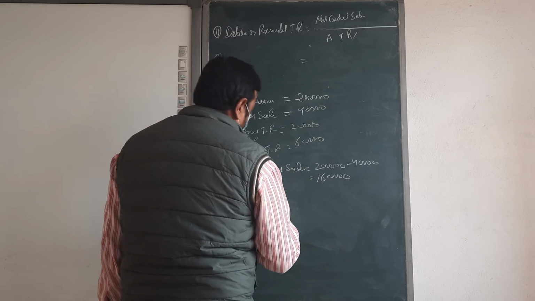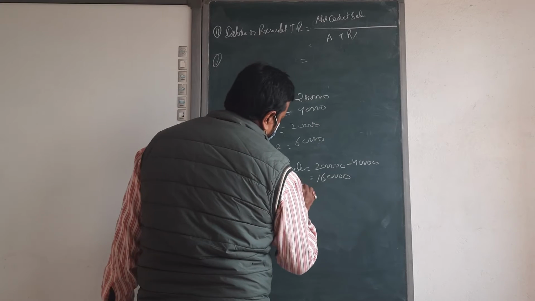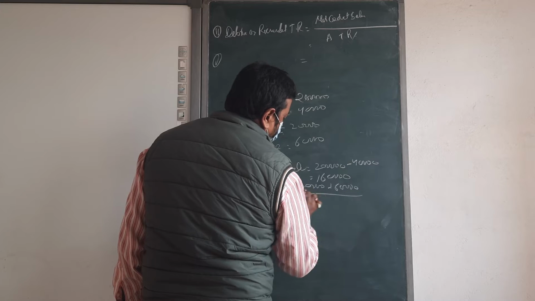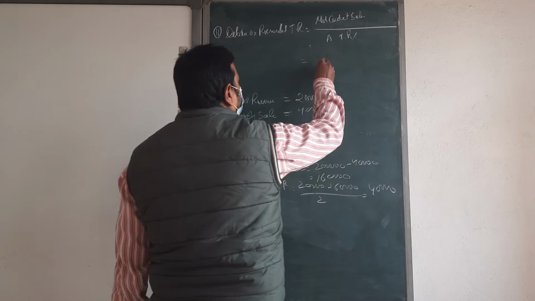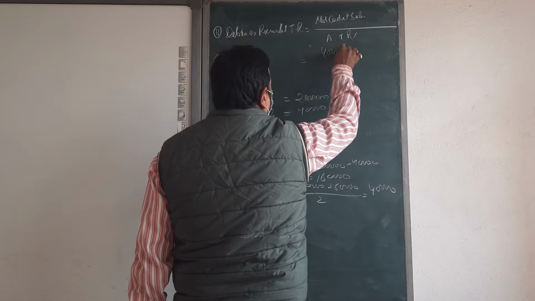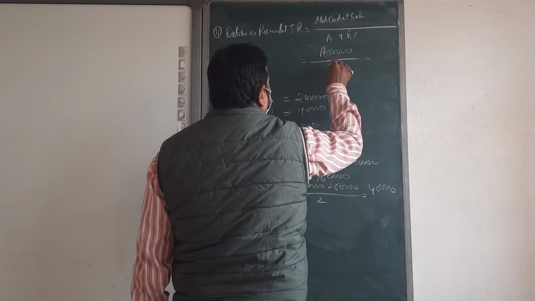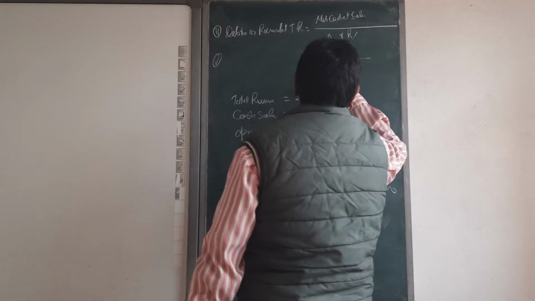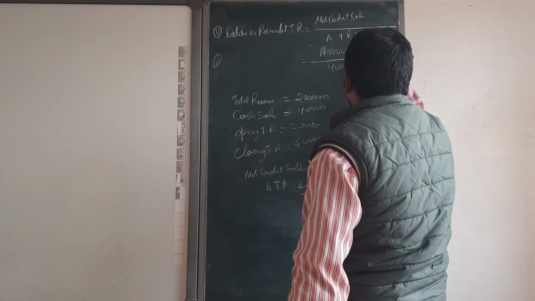And then average trade receivable, 20 plus 60 upon 2, that is 40. So 160 upon 40, 4 times. Answer is coming. Clear? Okay, go for the next.